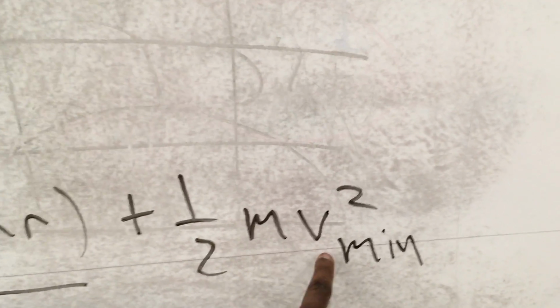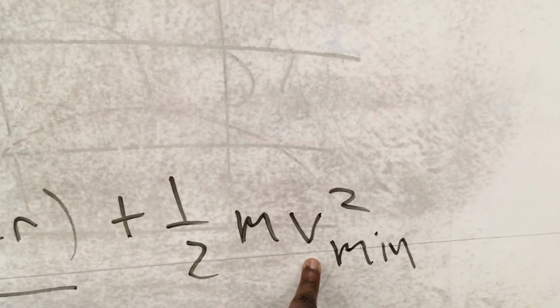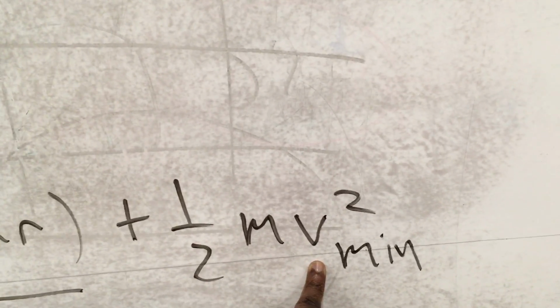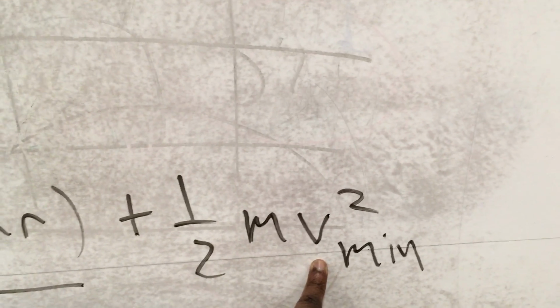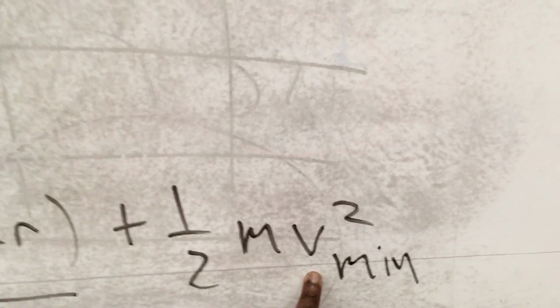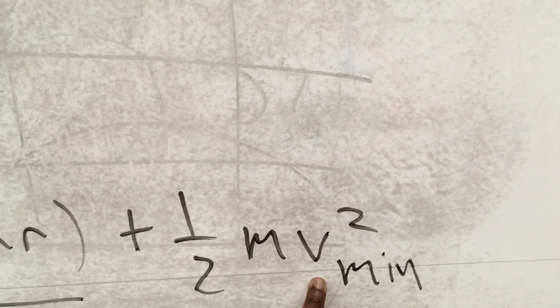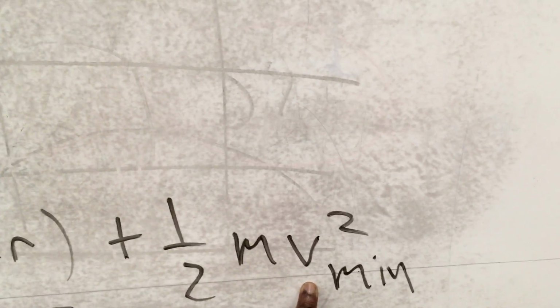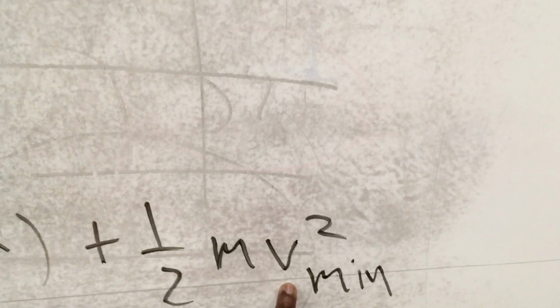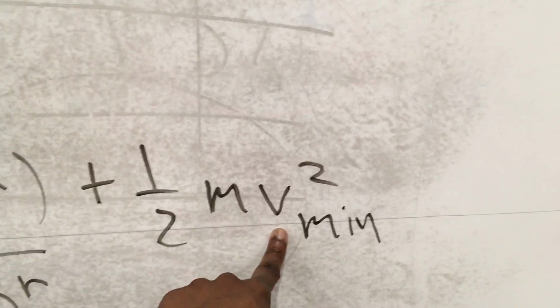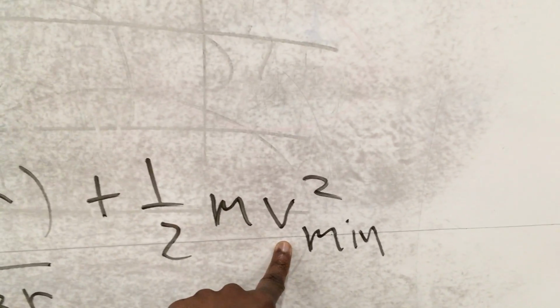And this speed is the minimum speed so that the object just makes it barely around the top of the track. If you release the object from a minimum height so that it makes it around the track, the speed must correspond to the minimum speed so that it just barely makes it around the track.